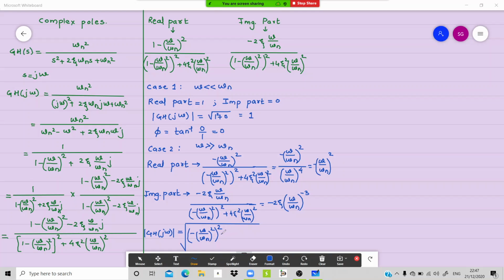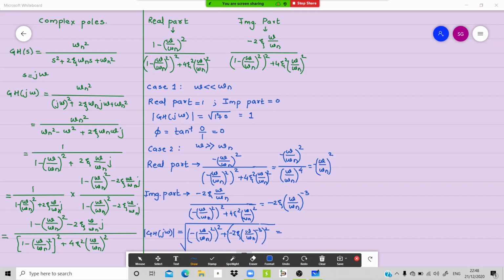So it is going to be, I'll write in the bracket, minus 2 zeta omega upon omega n minus 3 and again square of that. Okay.